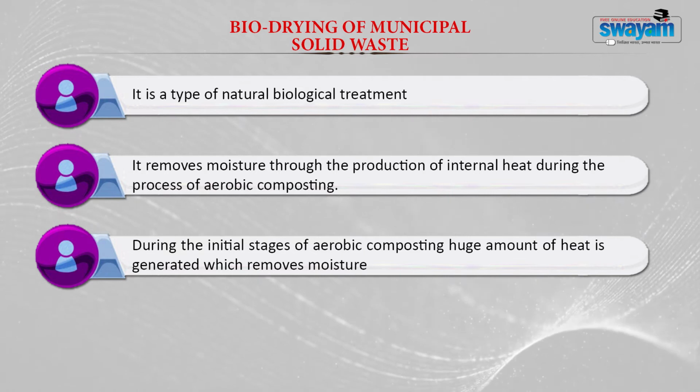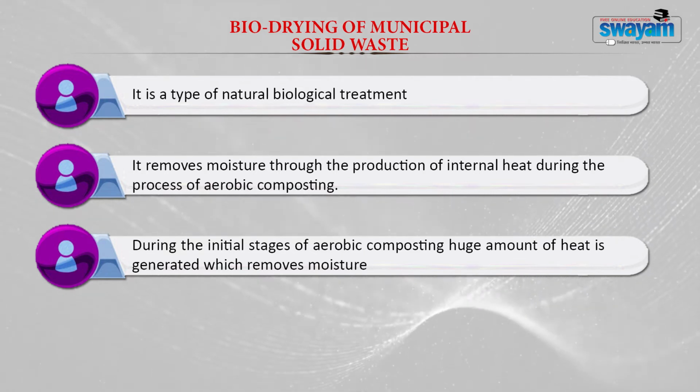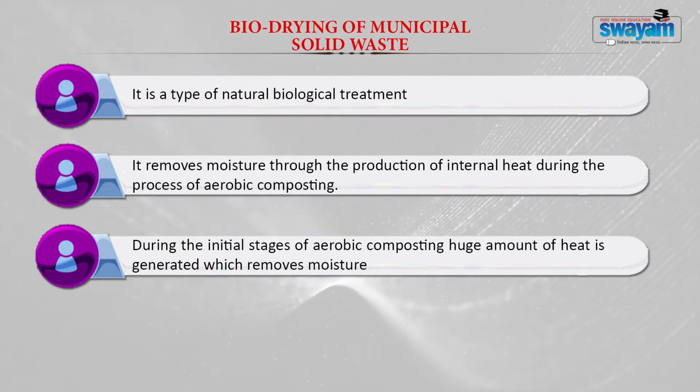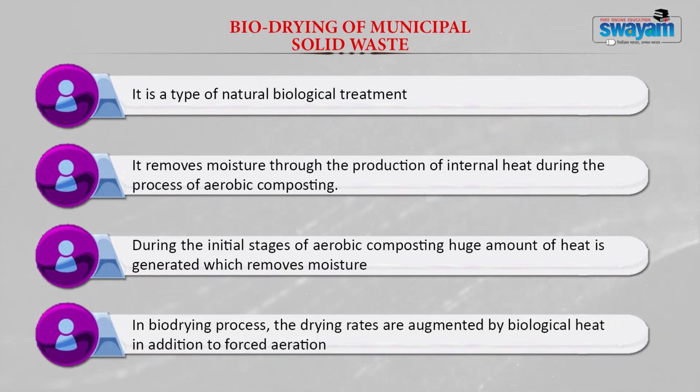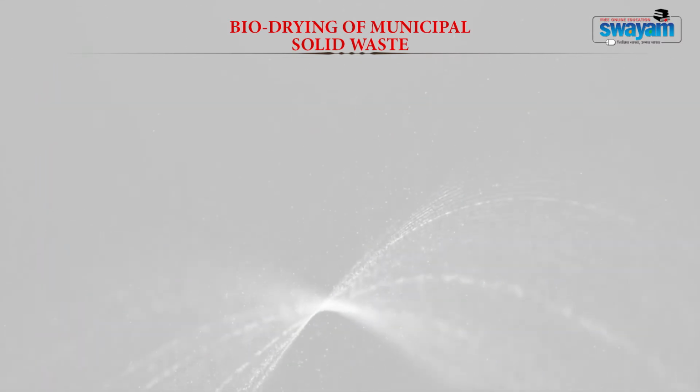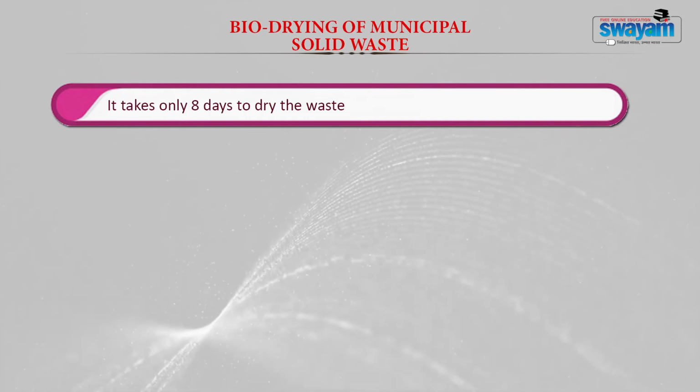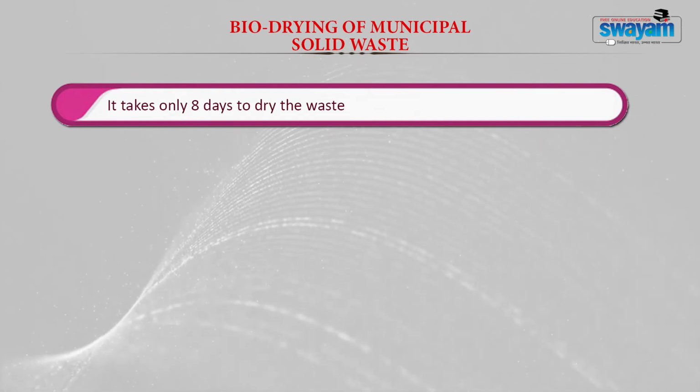This heat absorbs or removes all the moisture present in the composting pit or pile, and when the moisture is removed, obviously your waste material will be dried. In the bio drying process, the drying rates can also be augmented with forced aeration. Generally, bio drying takes 8 days for drying the waste.